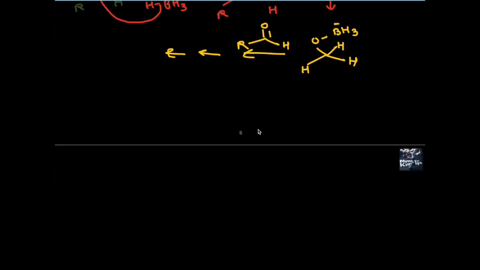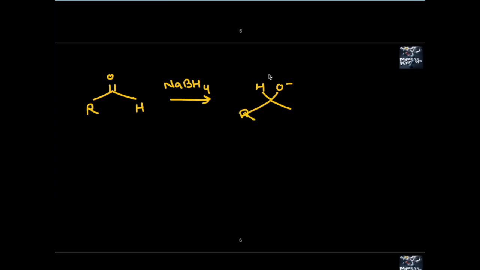But the main thing which we have to understand is that if we have this aldehyde, or you can take a ketone also, on adding NaBH4 the first thing is formation of the alkoxide ion.